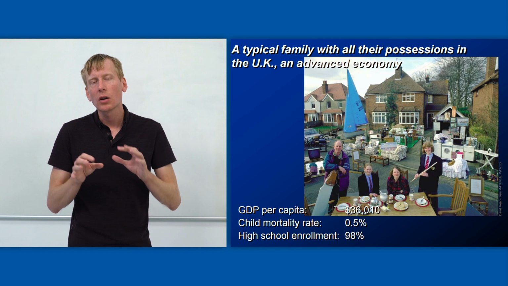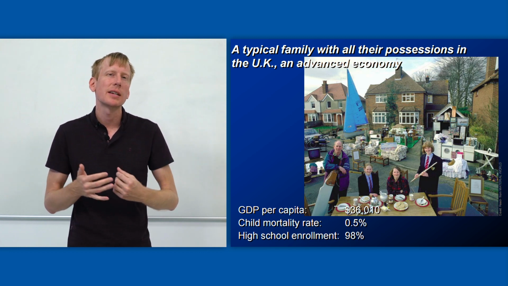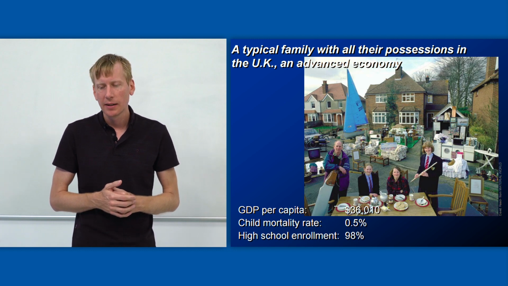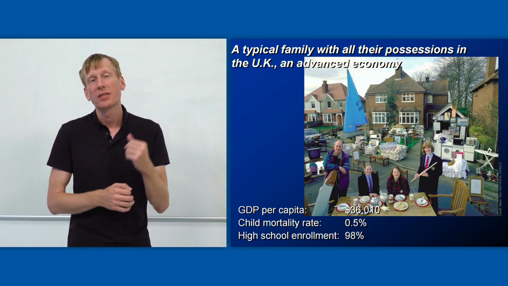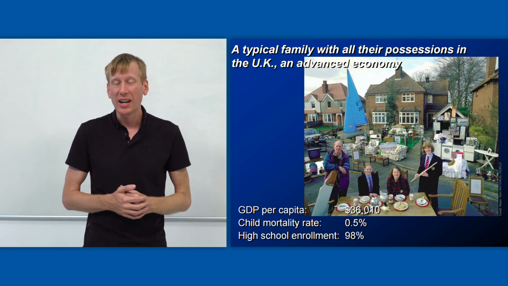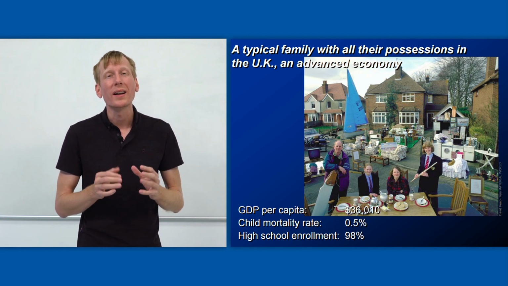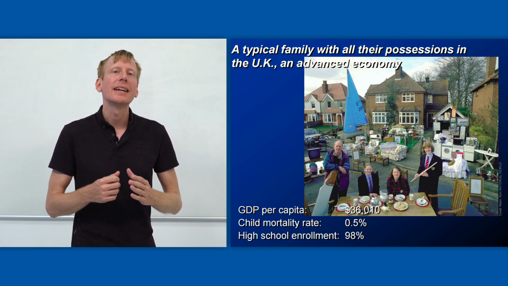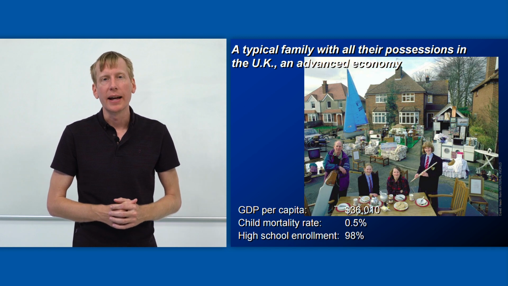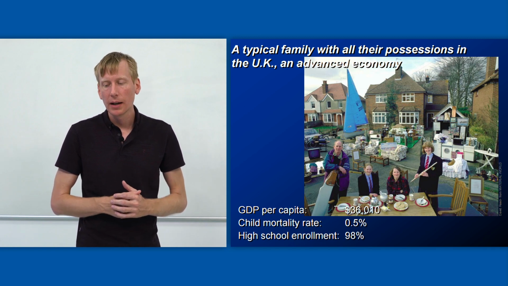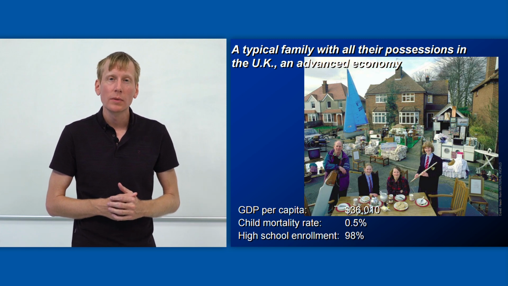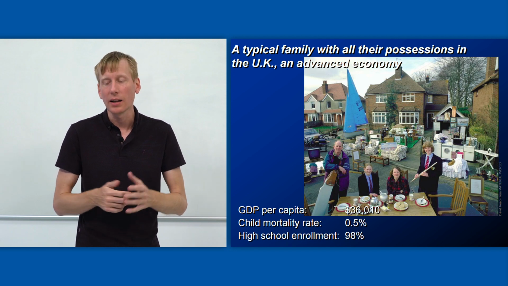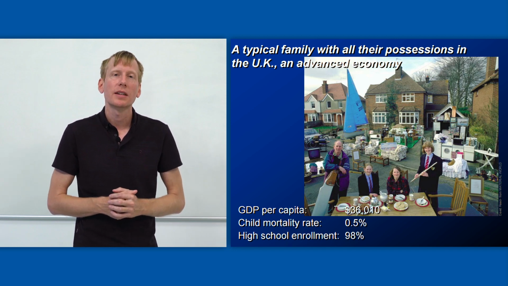And then down below, along with all of these possessions, these kinds of things which we might say don't necessarily add up to much in terms of quality of life, there is a GDP of 36,000, a child mortality rate of only 0.5%, and a high school enrollment rate of 98%. You can see that high school enrollment rate is high, that the child mortality rate is low, and this goes along with, in this particular case, a high GDP per capita and a lot of stuff. This family appears to live quite well.